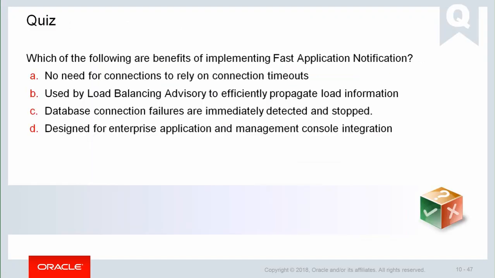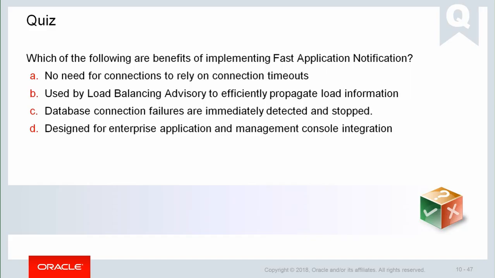Let's take a look at this quiz. Which of the following are benefits of implementing fast application notification? A, no need for a connection to rely on connection timeout, makes sense. B, used by the load balancing advisory to efficiently propagate load information, makes sense.